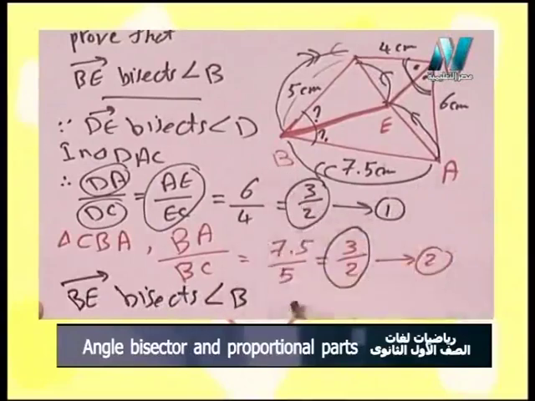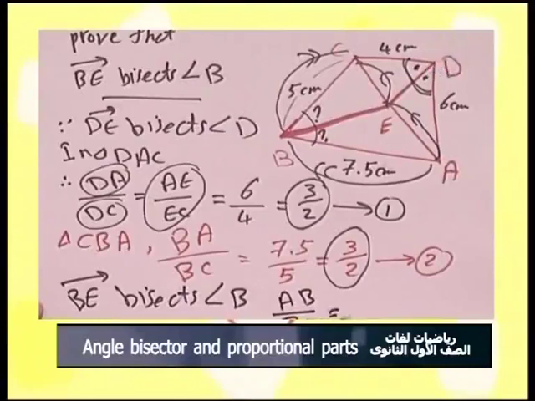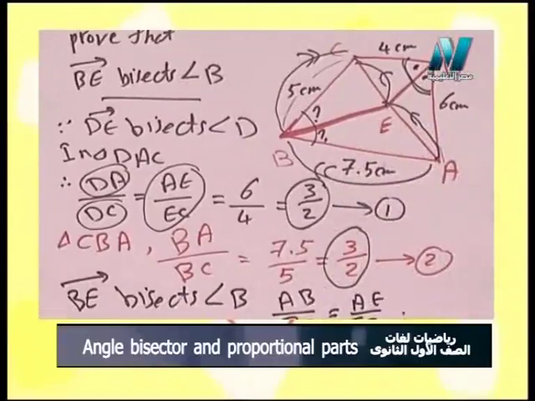Because AB over BC, we proved that it is equal to AE over EC. Okay, it's easy for you.